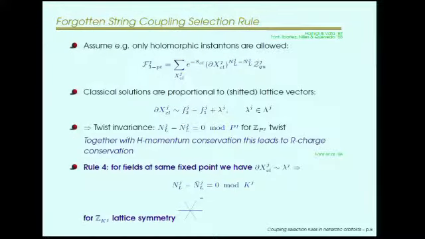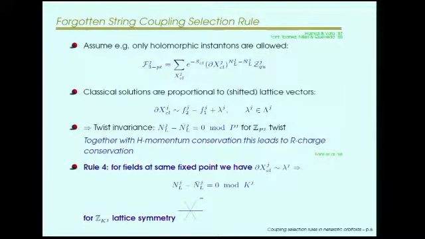So now we are ready to derive a further rule, which was actually discussed in detail back in '88 by Font, Ibanez, Nilles, and Quevedo, but for some reason has not been applied in the current literature. Let me, for illustration, show you the case where only holomorphic instantons are allowed.